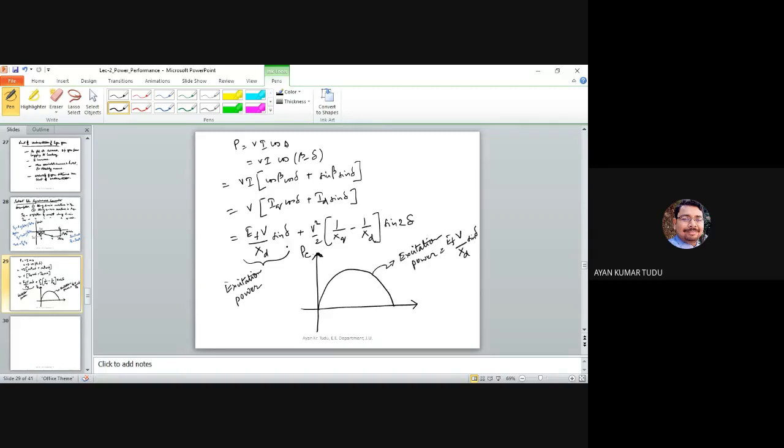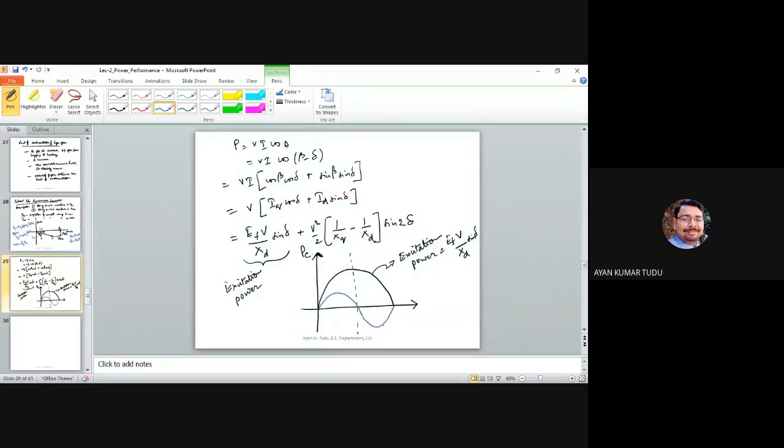Okay, what is delta? It is the load angle or the torque angle. As you can see, we have another term, the other term having a double frequency component, 2 delta.